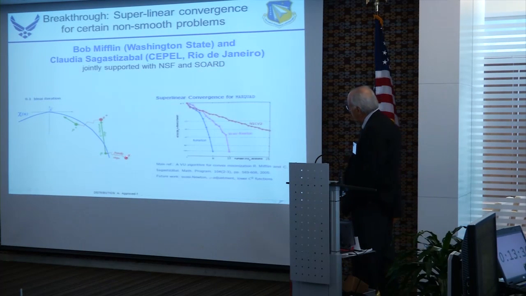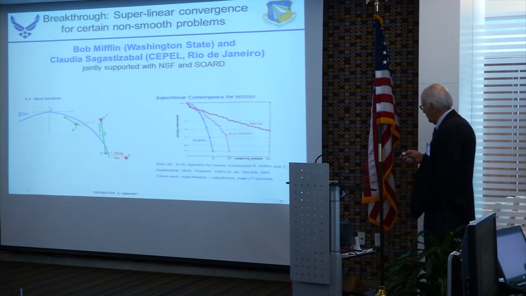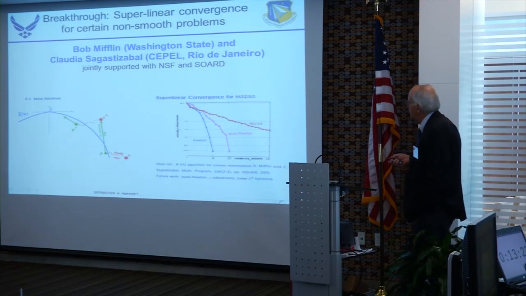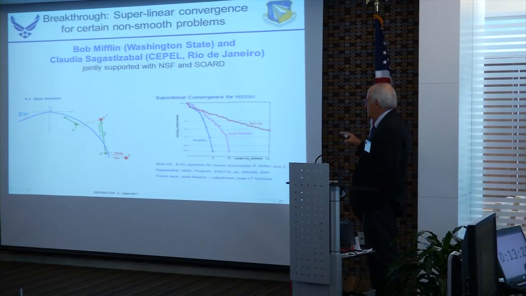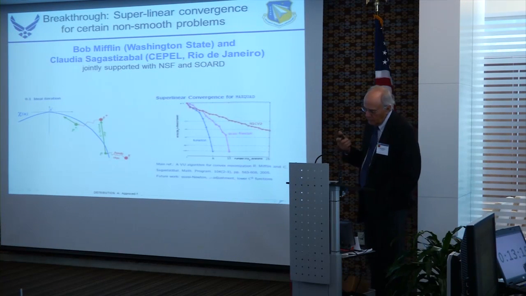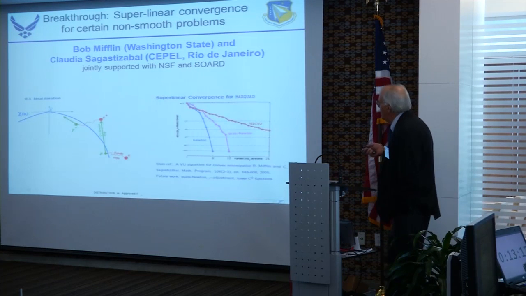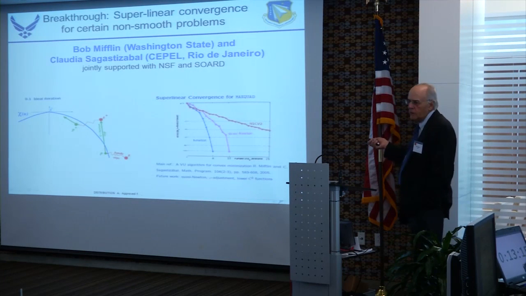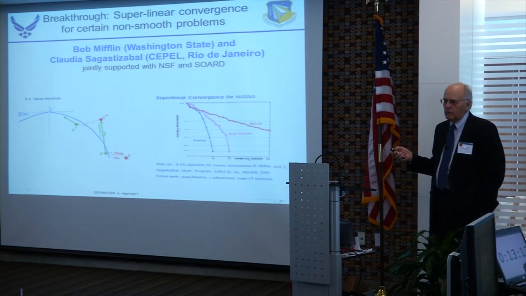So the issue is, how fast can you move from here to here to here and in the limit get to the solution? That's what you want to do at a superlinear rate. So I have hope that, and there's another project being funded that I'll have up here, that engineering designers will make use of these methods, or there will be routine to use these methods rather than gradient methods.